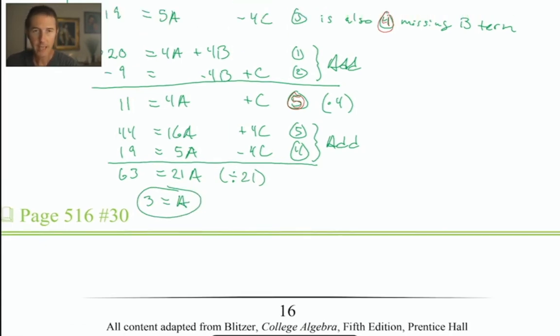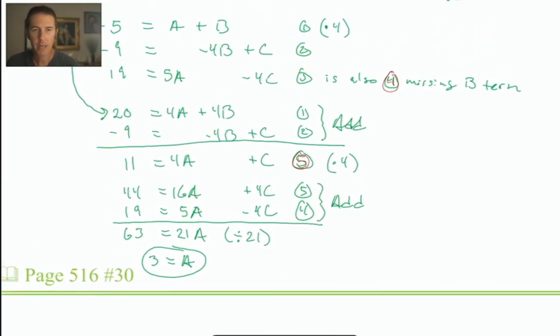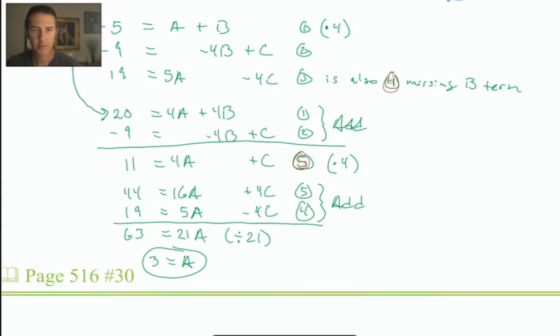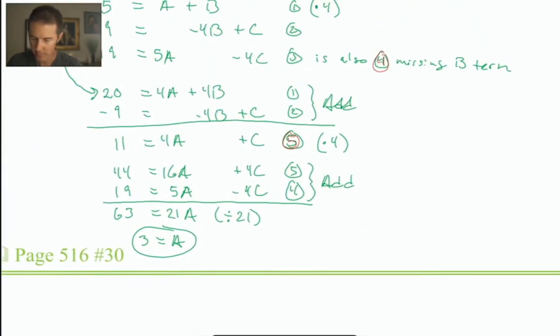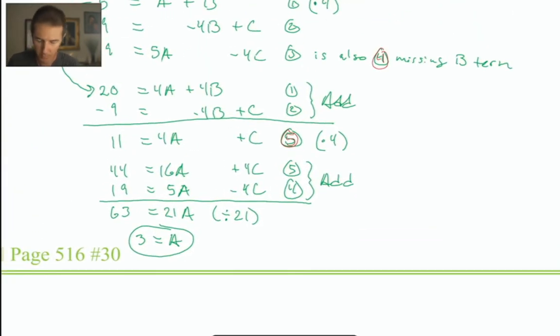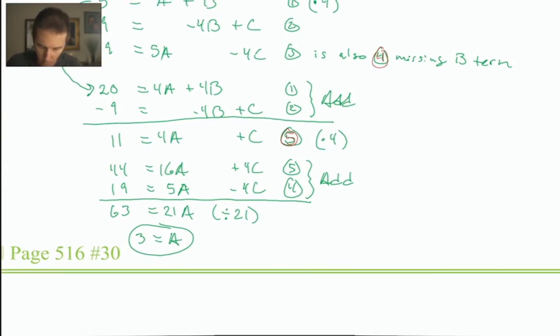Now we're going to take that a value and plug it back into equation 1 in order to find our b value, and then we'll plug it into equation 3 in order to find our c value. Now I've run out of space here in these fill-in-the-blank notes, so it's going to get a little tight. I apologize. Equation 1, sub into 1 and 3.